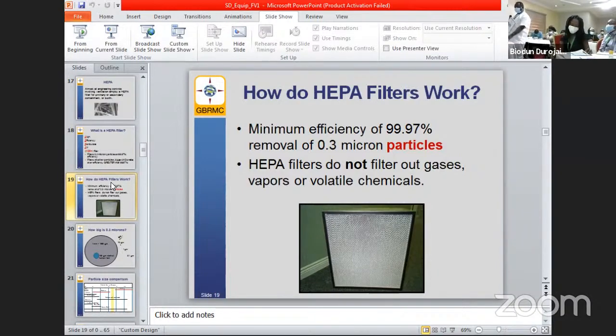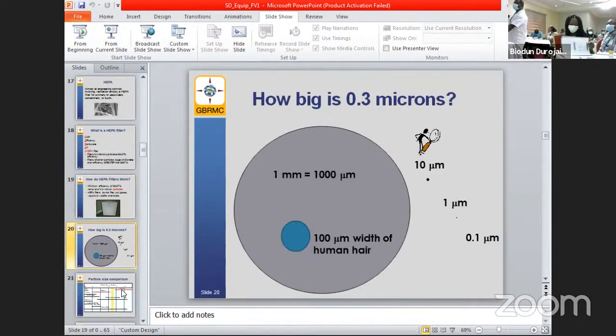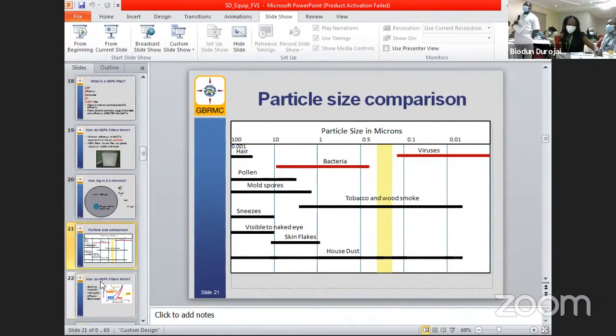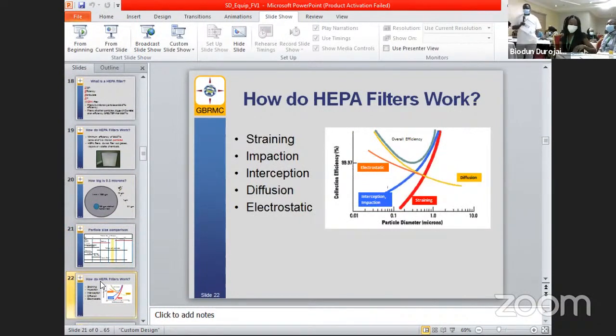Okay, I just explained this. This is comparing the particle sizes in terms of the use of the HEPA filters. So, still talking about HEPA filters. HEPA filters work in 5 different ways. One of those ways is straining.